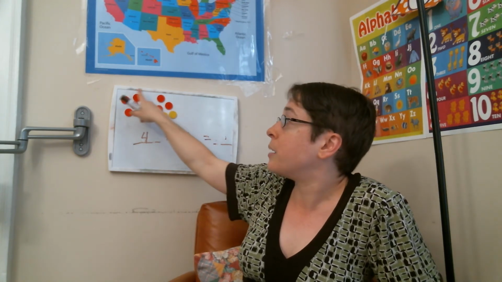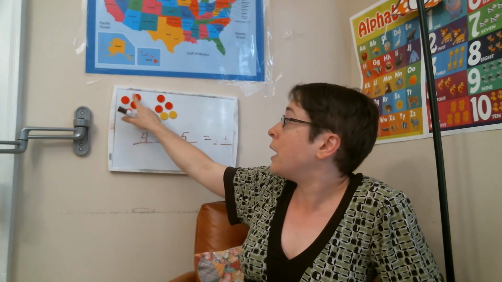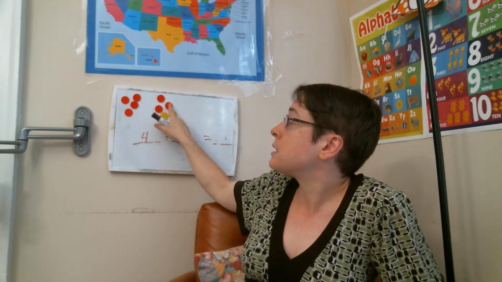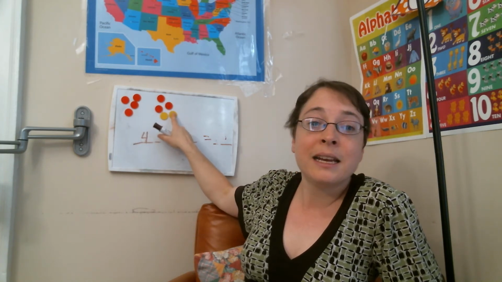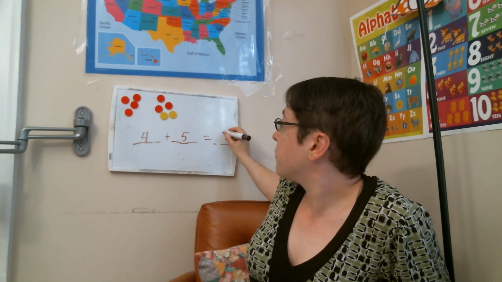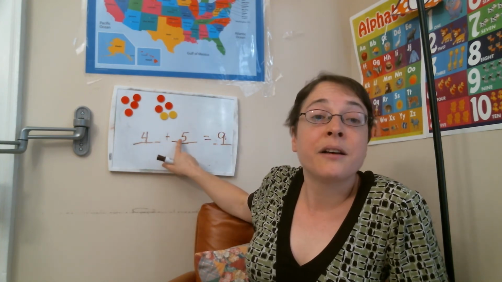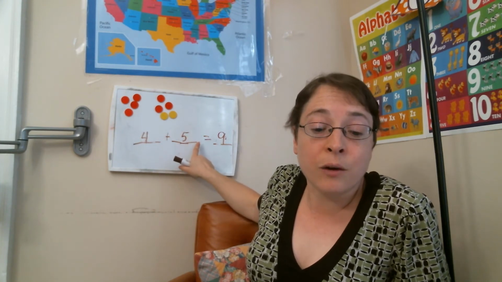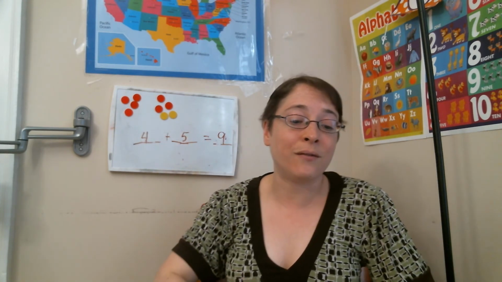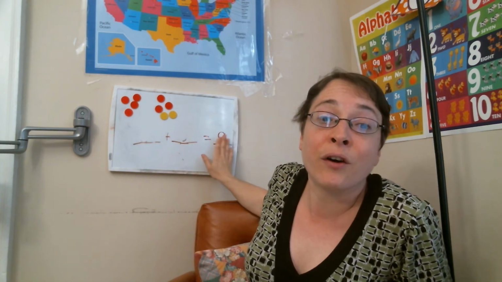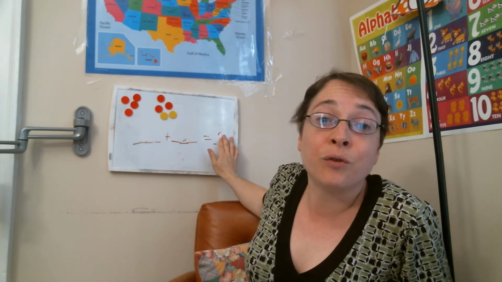Equals, let's count them all. 1, 2, 3, 4, 5, 6, 7, 8, 9. 4 plus 5 equals 9. Very good. Okay, we're going to try one more together, and then I'm going to give you 2 stories that you will do on your own at home.